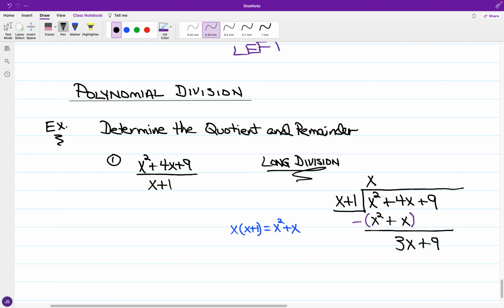So I took initially x into x squared, and after the first round of long division, I'm down to 3x plus 9. And I can now take x into 3x, which will go 3 times. And we have with distribution, 3 times the quantity of x plus 1.